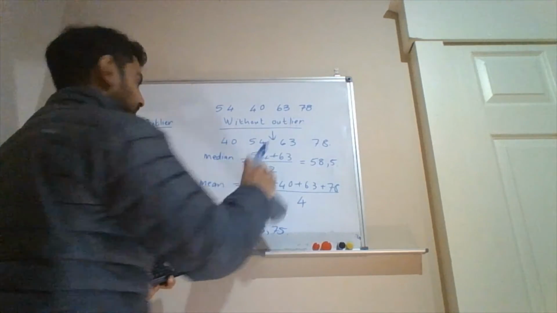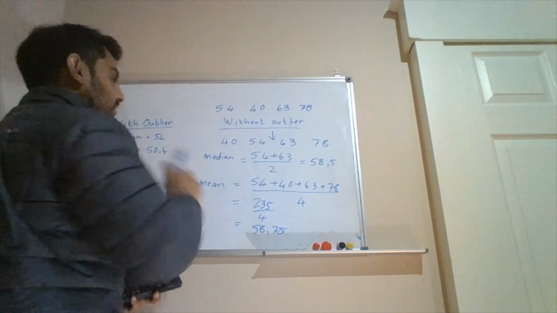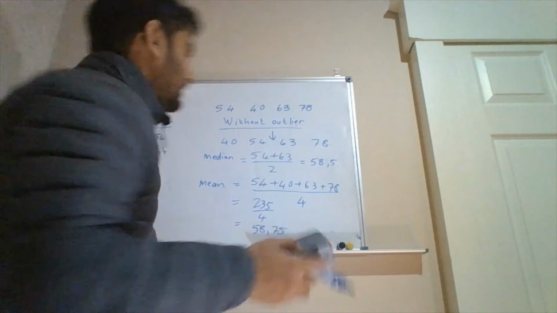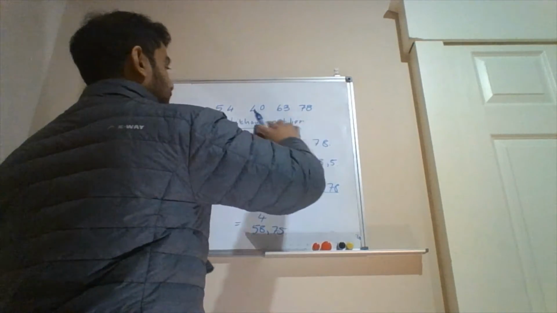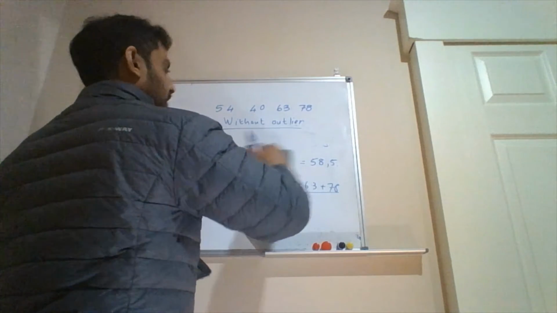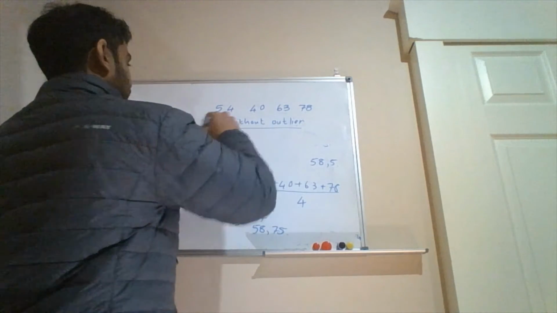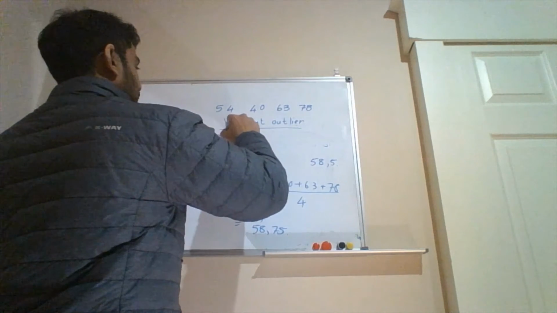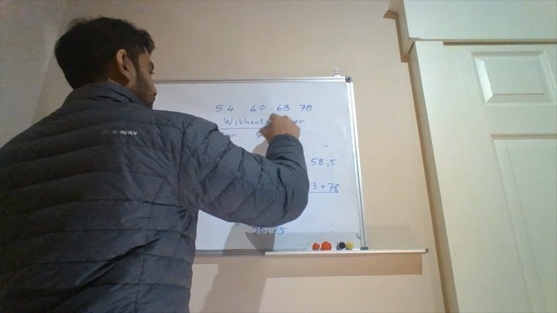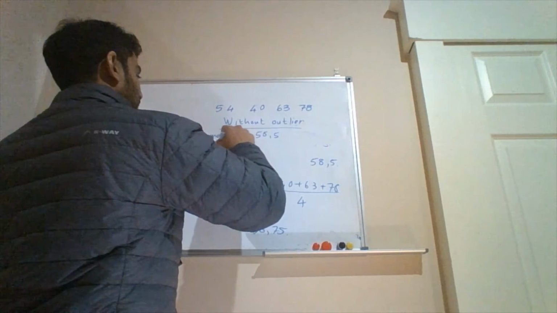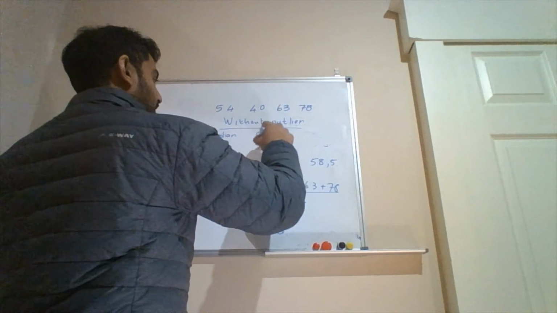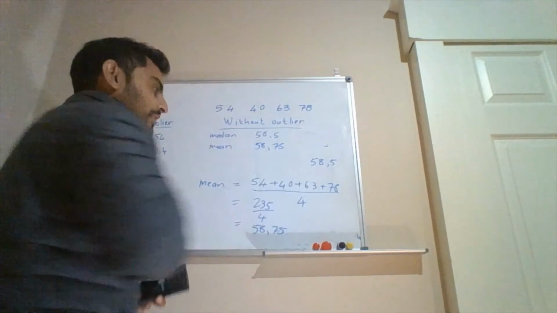So I'm just going to rub this out and write it next to the results we got with the outlier. Median is 58,5. Mean is 58,75.